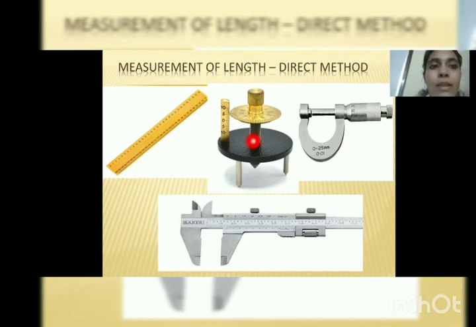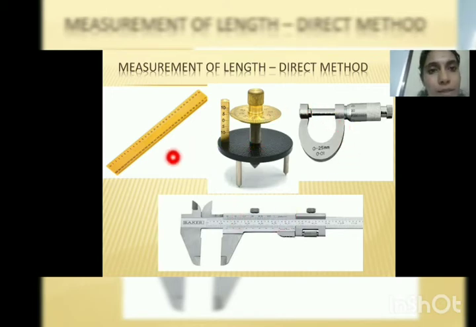This instrument is a spherometer. This instrument is a screw gauge. This is vernier calipers. So the spherometer, screw gauge and vernier calipers are all +1 practicals and you need to do some measurements using these three instruments. And this meter scale, screw gauge, vernier calipers, spherometer all help us to measure length.